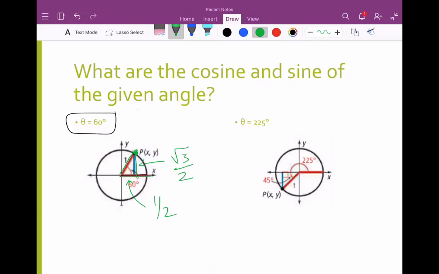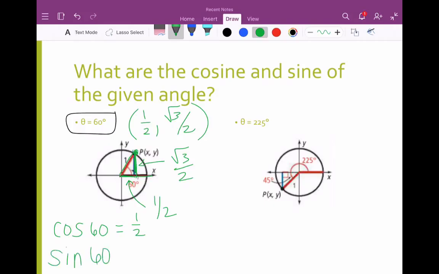That means that that point there, because I'm going to the right 1/2, my x distance right here is 1/2. And my y distance going up is the square root of 3 over 2. So that's the coordinate point for the point that lies on the unit circle. So then to find the cosine of 60 degrees, it is equal to the x-coordinate, which is 1/2. To find the sine of 60 degrees, it is equal to the y-coordinate, the square root of 3 over 2.